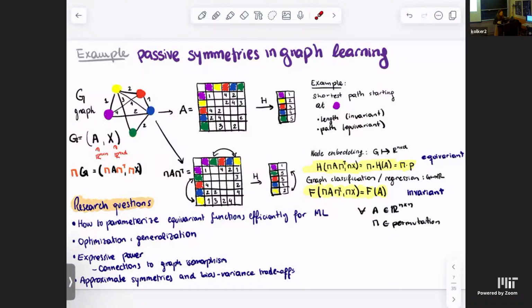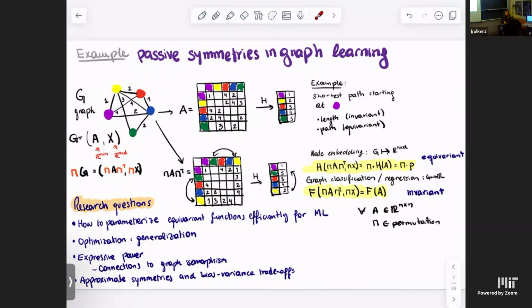So the idea is the following. In graph learning or in graph neural networks, people consider graphs. Here my graph, I represent it in this form. The graphs are given by an adjacency matrix that says what nodes are connected to what, and then node features. Each node here has a color, for instance.